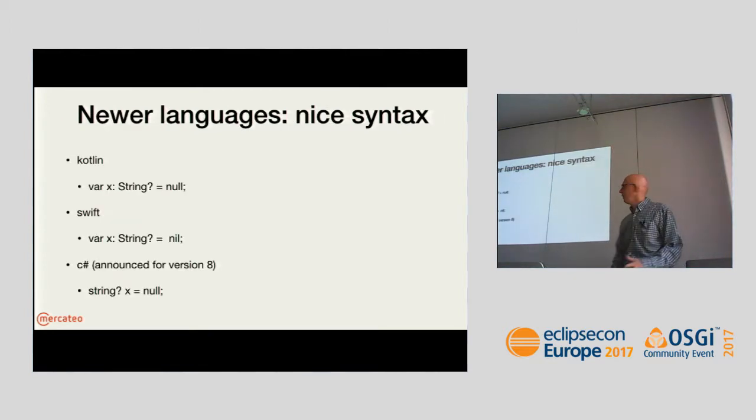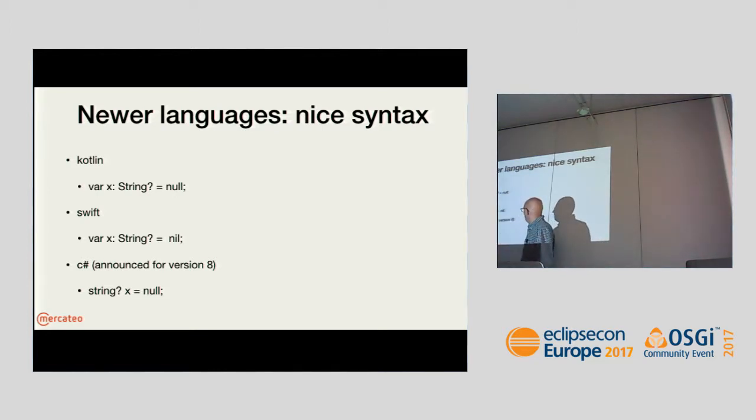I'd like to elaborate on that, because newer languages have a nice syntax for it. Like Kotlin, where, as in a regular expression, you just put a question mark after the type, and then it may be null, and otherwise not. Or Apple Swift has a very similar syntax. Actually, this is syntactic sugar for optional in Swift, but it's the same concept.